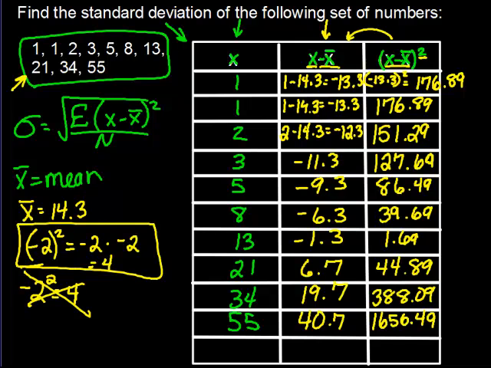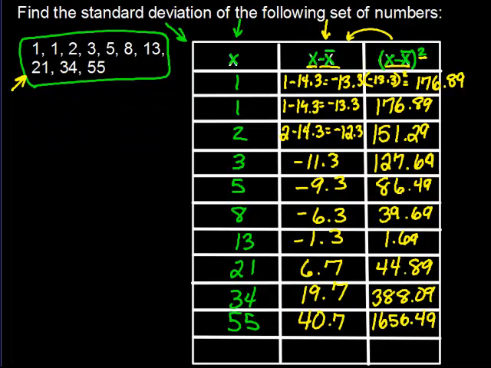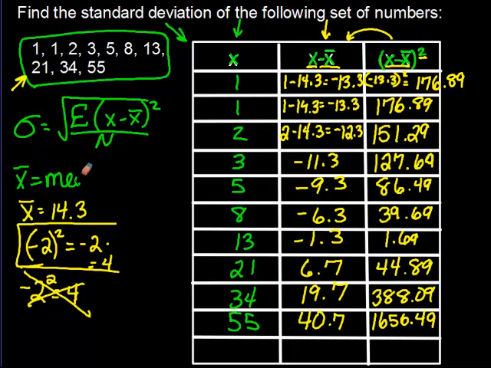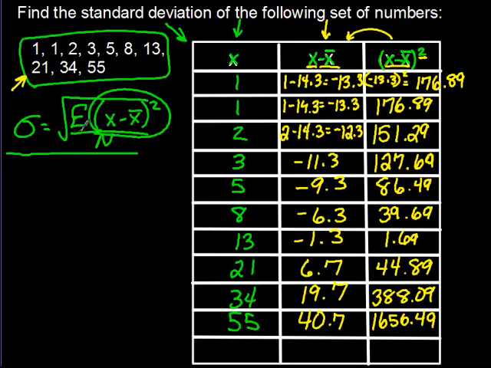After we have all this done, we have to solve the last part of the problem. We have this formula here. If we look at what we did in our table, we actually took care of this entire piece right there. We found that in this column right here.